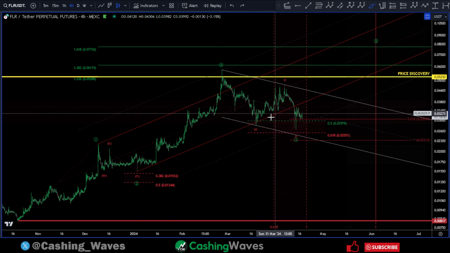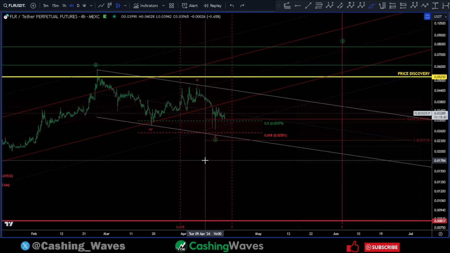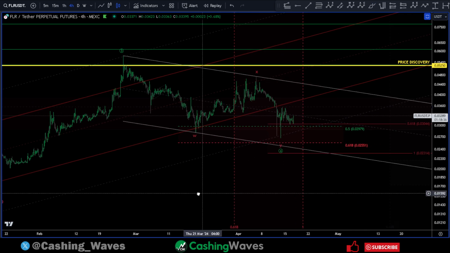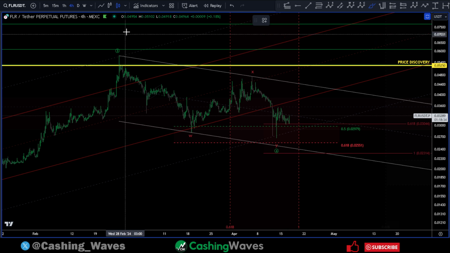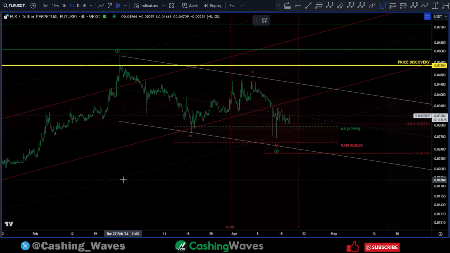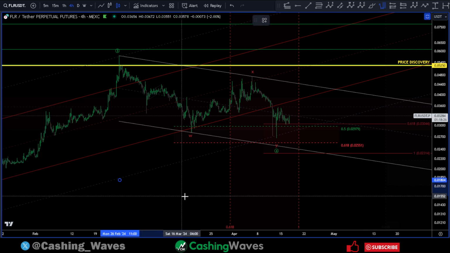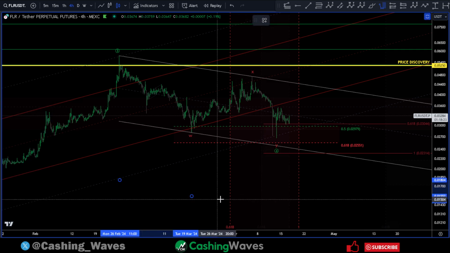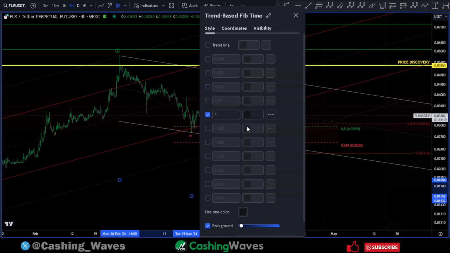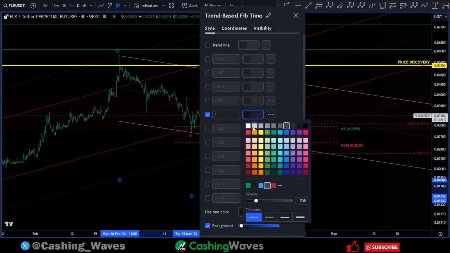So I want to focus in on this area and show you my concerns about that. So depending how you count this, it's very complex. If we pull our W wave off our X, we usually expect a 1-to-1 in time.